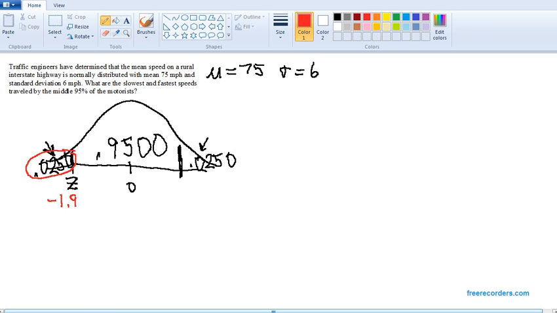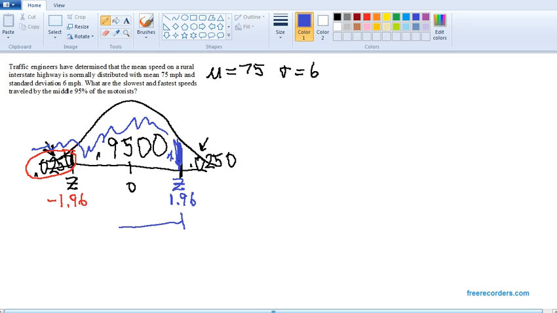Now, the positive z-score, because of the symmetry of the normal curve, has to be positive 1.96. But if you didn't realize that, you could have figured it out by noting that to the left of the z-score, how much area is there? Well, there's 0.9500 plus 0.0250.